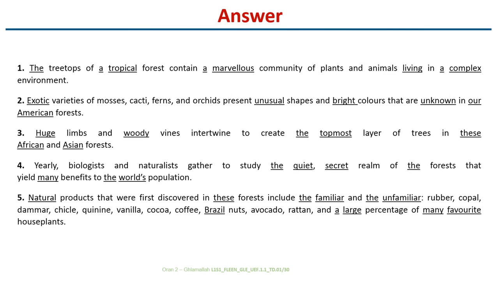Now check your answers. Both descriptive and determiners are underlined. In the first sentence: the, a, tropical, a, marvelous, living, a, complex. 2. Exotic, unusual, bright, unknown, our, American. 3.